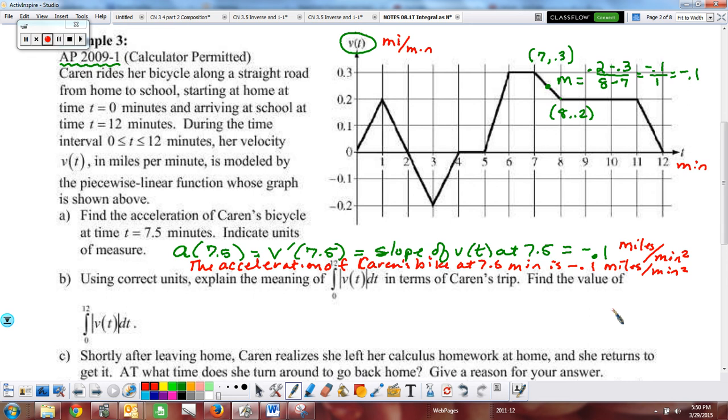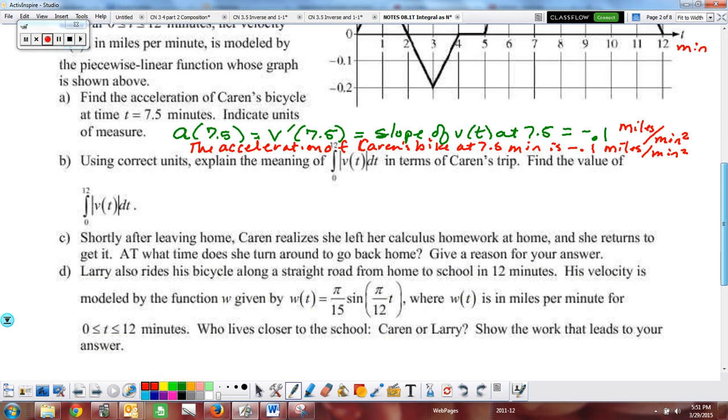Now, we might also want to think about our sentence that we were saying when we had rates. You could also say here this idea that acceleration is your instantaneous rate of change in velocity. So you could say at 7.5 minutes, Karen's velocity is decreasing by 0.1 miles per minute squared. So we could write it out in that sentence that we had, the who, what, where, when sentence that we've been doing all along.